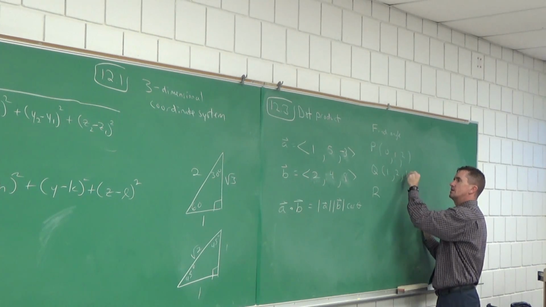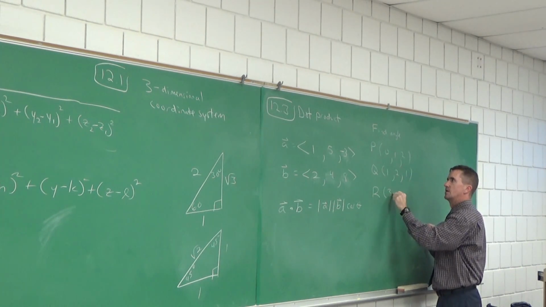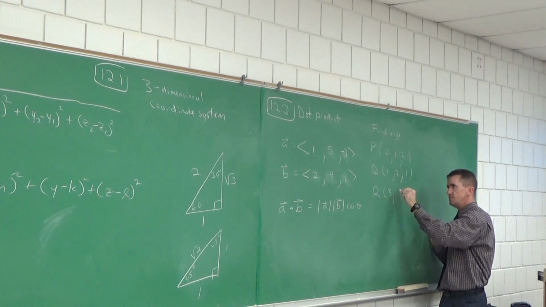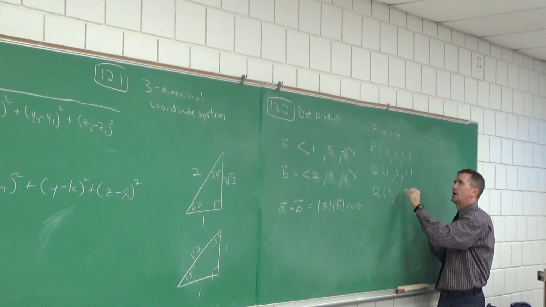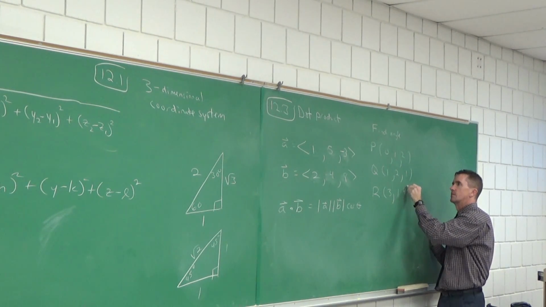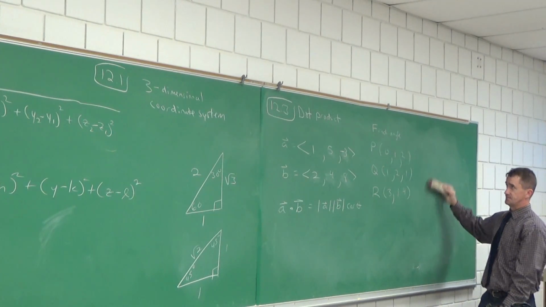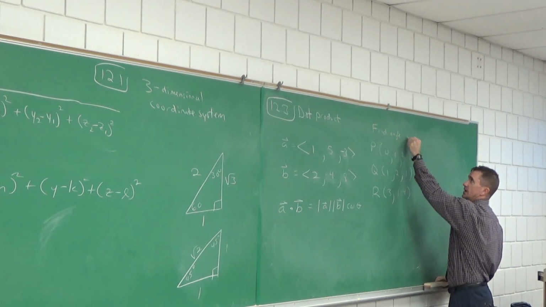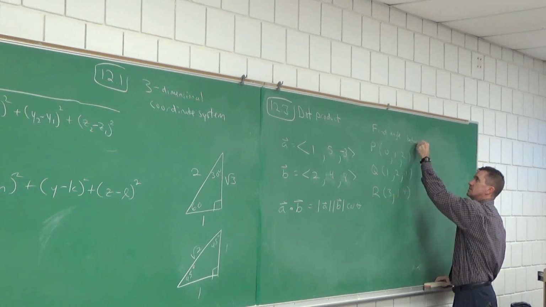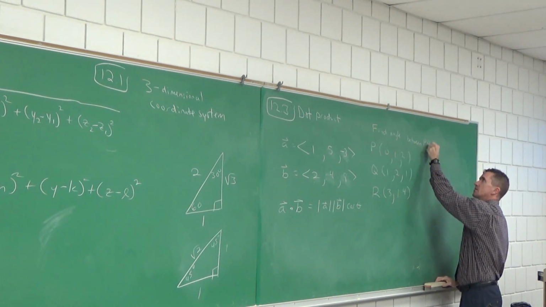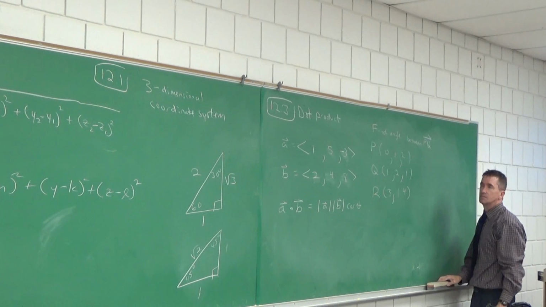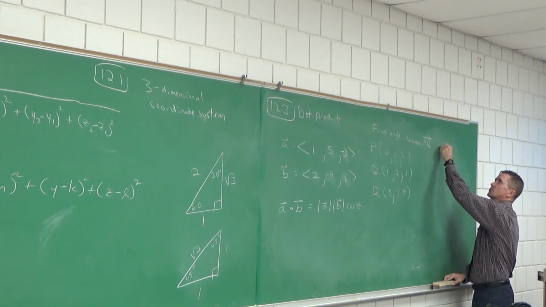Q is 1, 2, 1. R is 3, 1, 4. Those are 3 points in 3-dimensional space. So can we find the angle between vector PQ and vector PR?